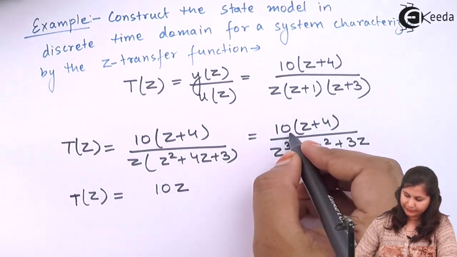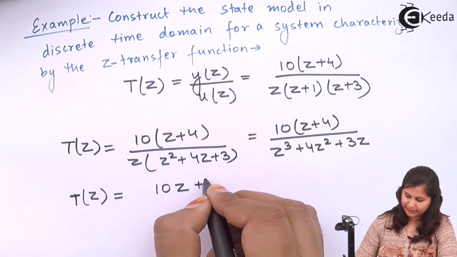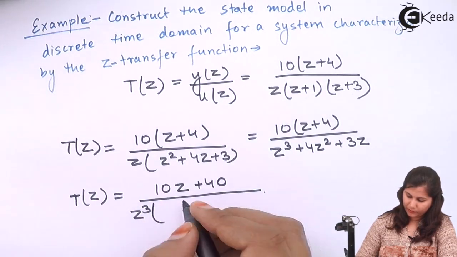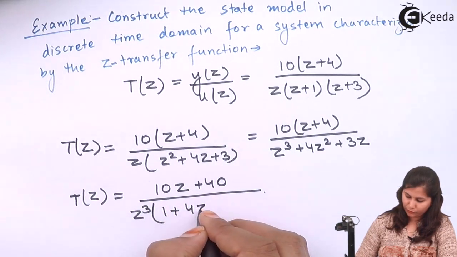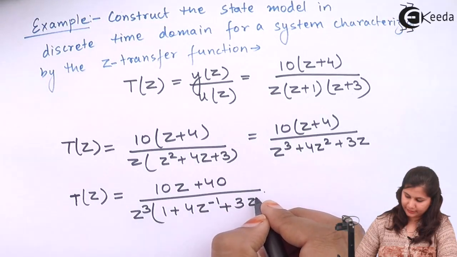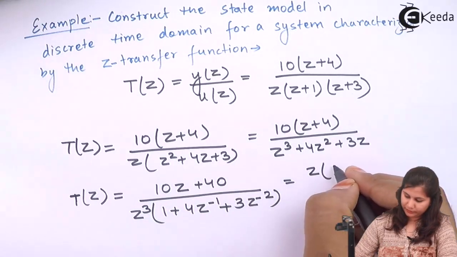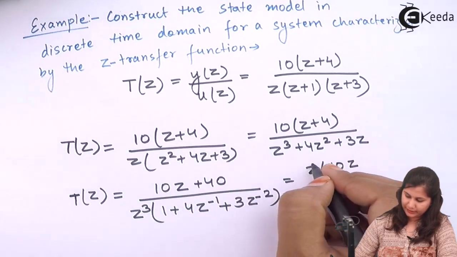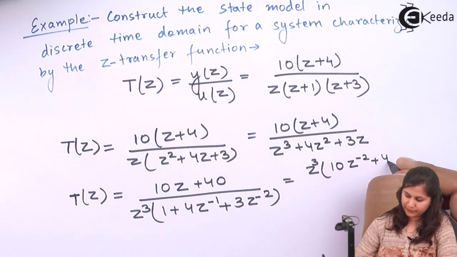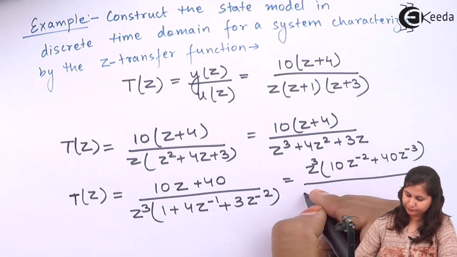If we take multiplying this 10 inside and taking Z as common, so it will be 10Z plus, first it is 40 upon here Z cube common, so it will be 1 plus 4Z minus 1 plus 3Z minus 2. Take Z here common, it will be 10Z, taking Z cube common, so it will be minus 2 plus 40Z to the power minus 3.